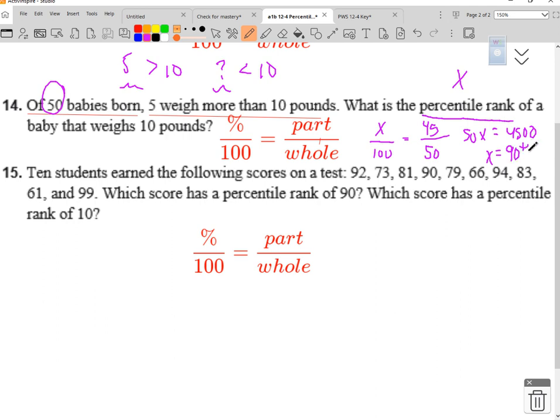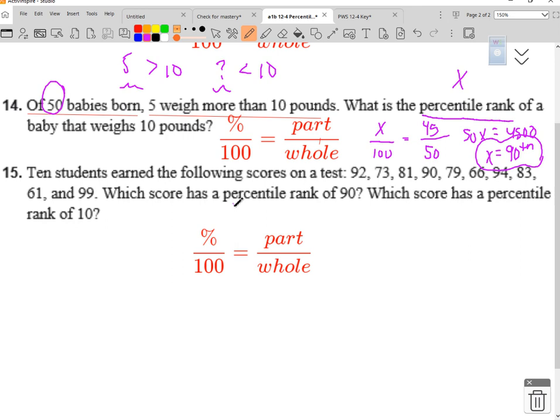So it's the 90th percentile rank. So 90% of the babies were less than 10 pounds, or equal to or less than 10 pounds. Does that make sense?